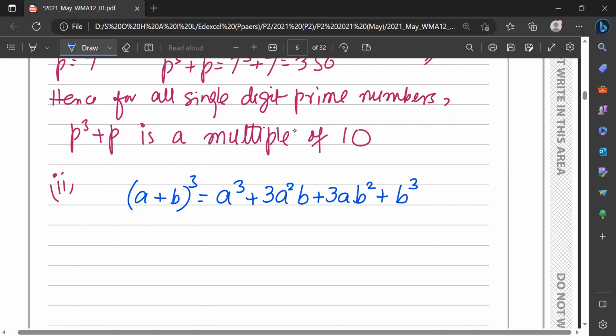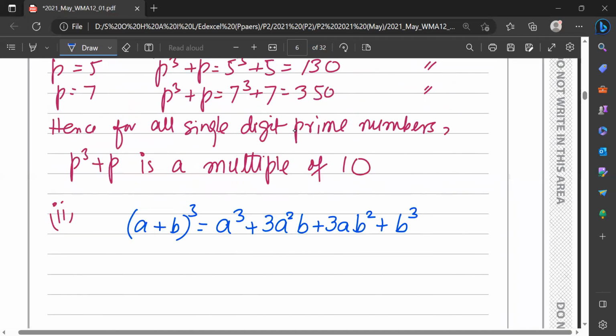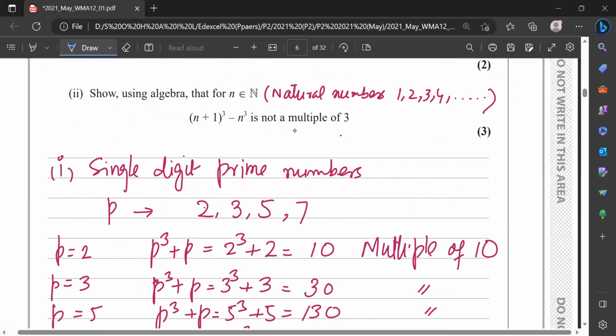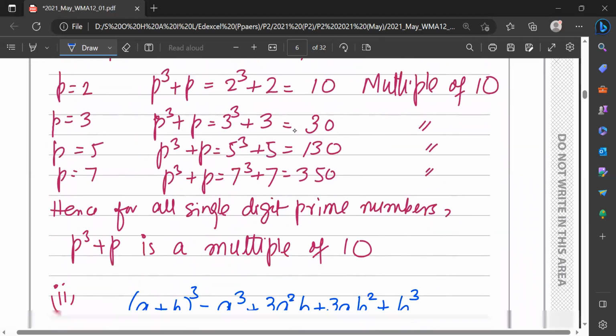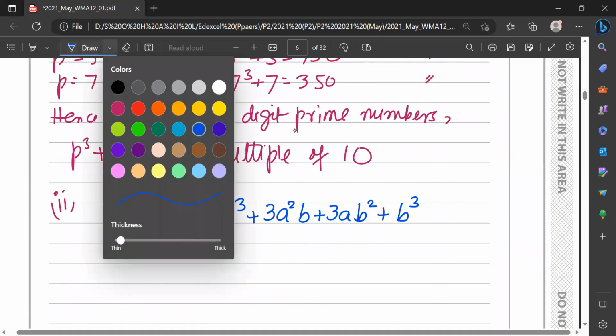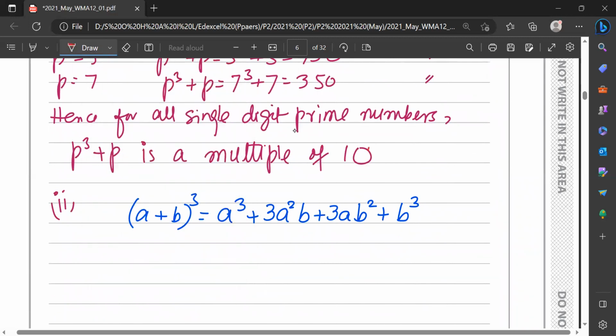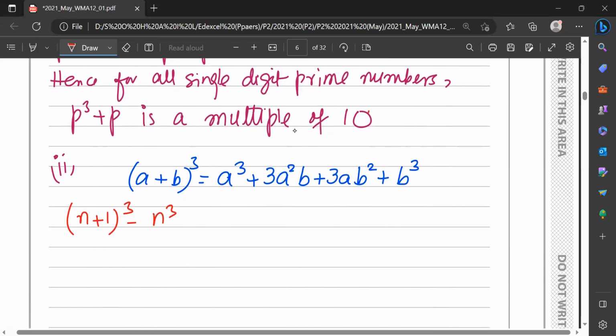Using this formula in the first bracket, because we have to show that (n plus 1) whole cube minus n cube is not a multiple of 3, you can open the first bracket using the above formula.